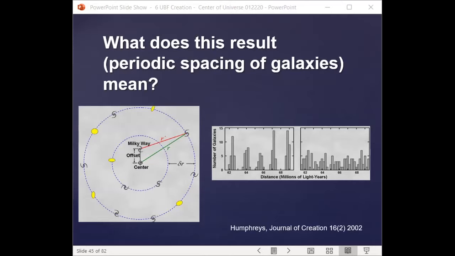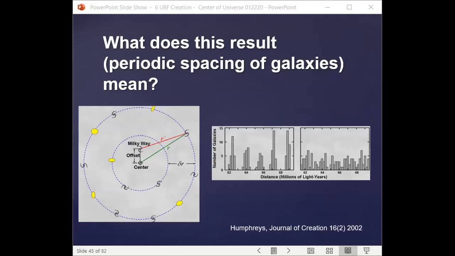You see this grouping. This is done by Dr. Humphreys. Notice that it is difficult to distinguish the groups from statistical fluctuations from a viewpoint 2 million or so light years away.